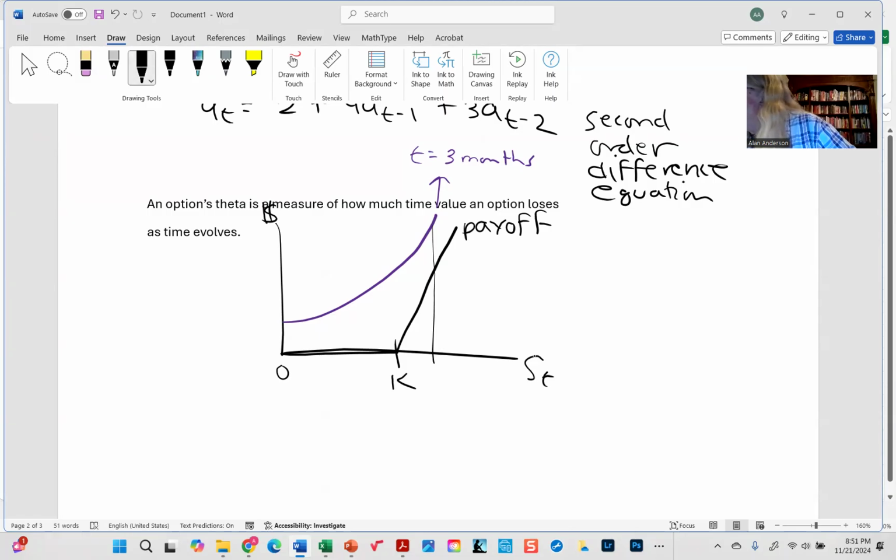So right here at this point, I'll call it S star, this is the payoff to the option. The market price is up here.